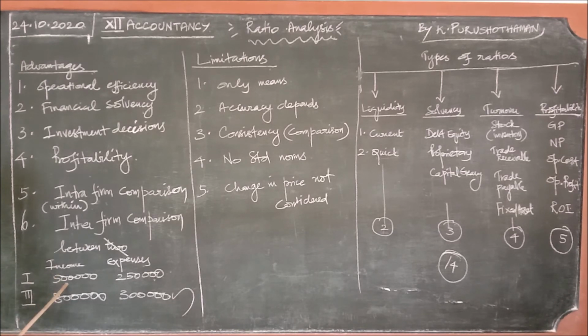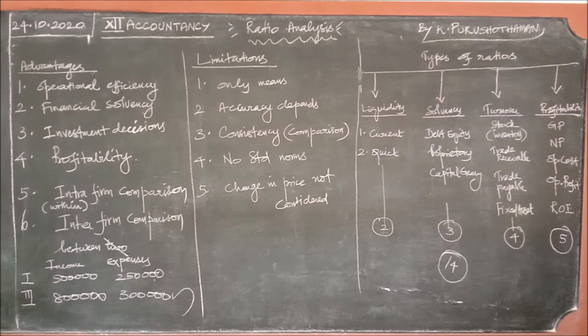See, at the time of earning 5 lakhs, 1 kg of product may be 500 rupees, and in that case 1000 kgs. The second time or third time, at the time of sales, 1 kg may be 800. The same 1000 kgs are sold here, and here also 1000 kgs sold. Therefore, what we compare is that here the income is 5 lakh, but here the income is 8 lakh. So 8 lakh income is greater.